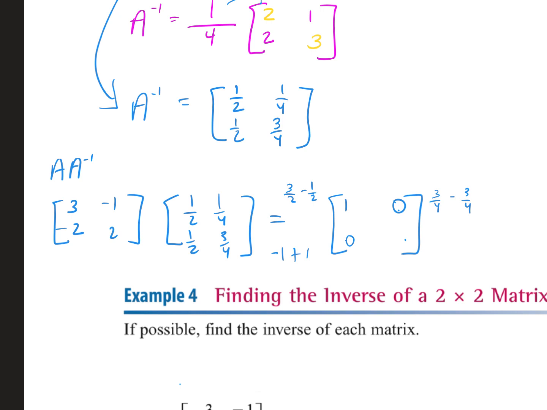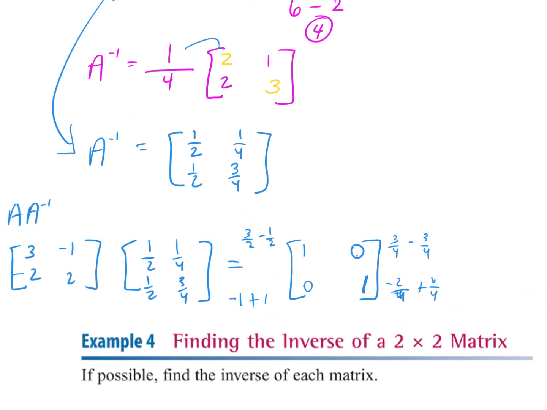Negative 2 times 1/4 is negative 2/4, right? Yes? 2 times 3/4 is plus 6/4. You guys agree? Negative 2 plus 6 is 4 over 4, which is positive 1.